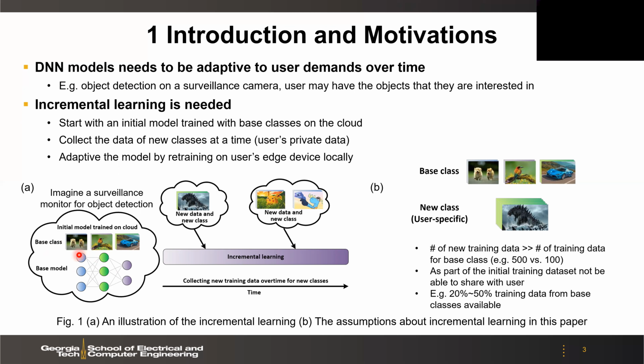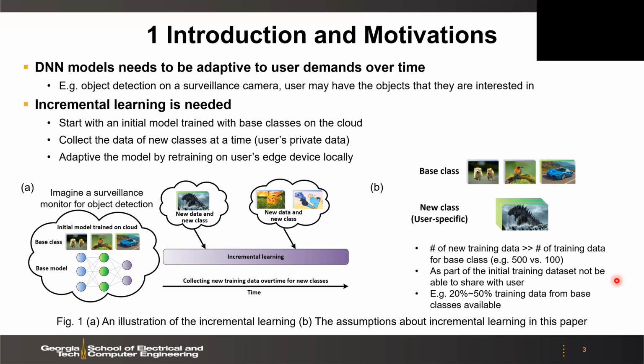When it is deployed, the user may have its own object class of interest. Those data only appear in the working environment, and therefore are not available during the cloud training. In order to adapt the DNN model to those new classes, the training images for the new classes are collected over time, and the DNN model is incrementally trained to include those new classes.